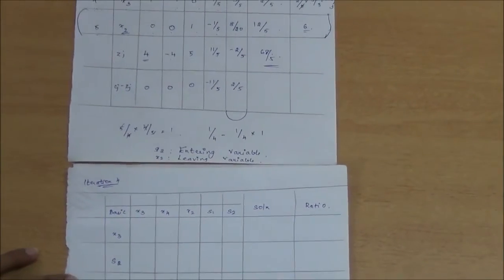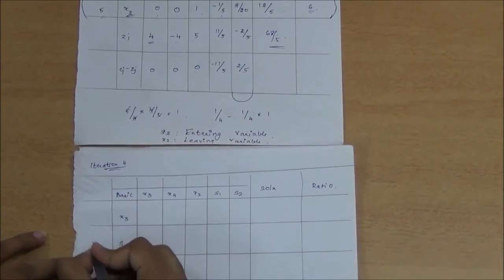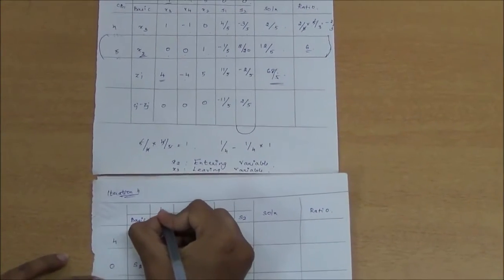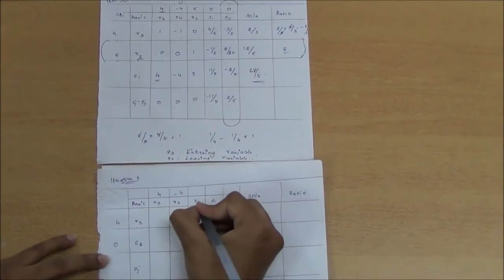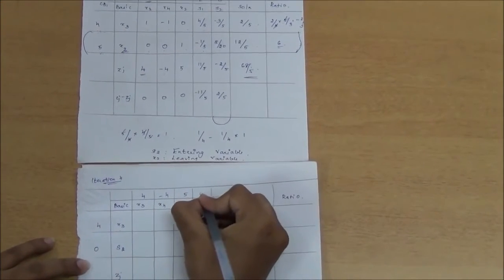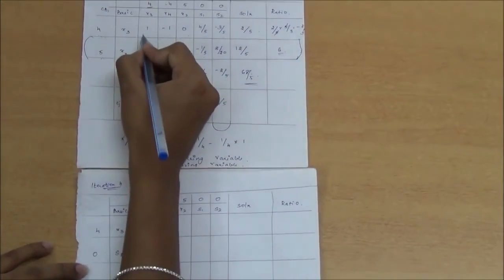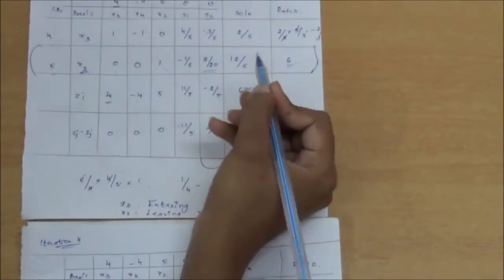Cj and Cj minus Zj. The coefficient of s2 is 0 and the coefficient of x3 is 4. The coefficient of x3 is 4, x4 is minus 4, x2 is 5, s1 is 0 and s2 is 0.